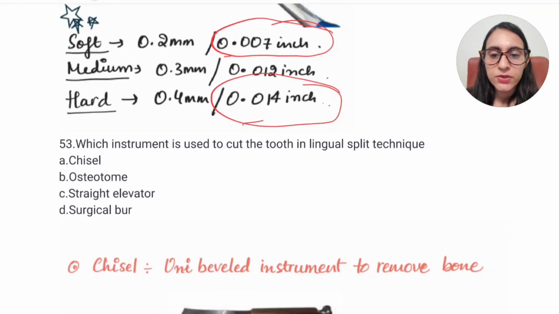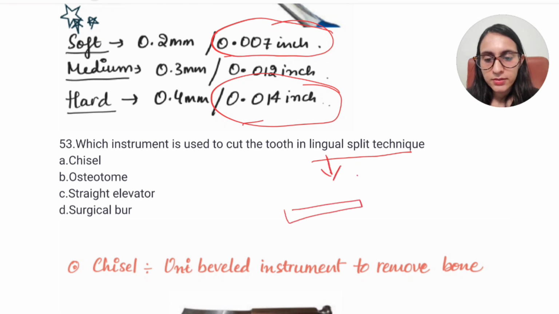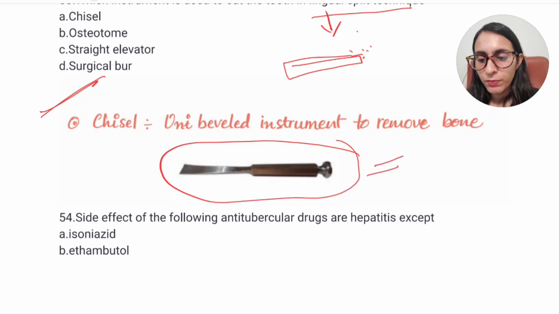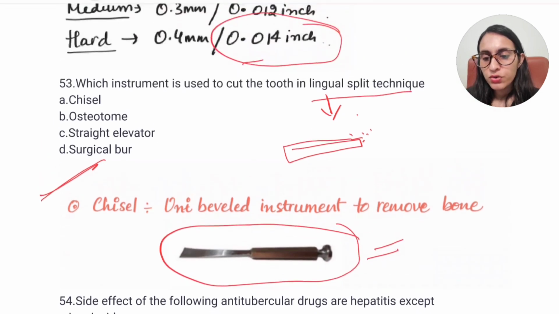Coming to the next question, which instrument is used to cut the tooth in a lingual split technique? A chisel is often used to create a cut, and it creates a controlled split in the lingual aspect of the mandible. This technique is used in third molar removal. We have discussed this in surgery. A chisel is used to remove the bone.